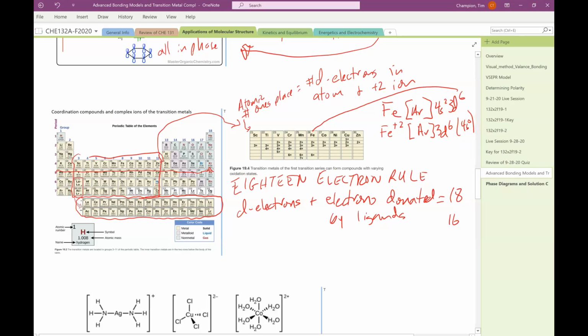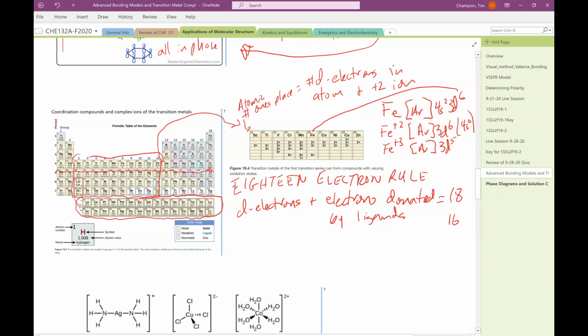So what we have here with iron plus 2 is argon 3d6, and the 4s orbital, which is now higher in energy, has 0 electrons in it. If I want to think about iron plus 3, that's argon 3d5, because I just have to get rid of 1 more electron. So iron plus 3 is the same electronic structure, for example, as manganese plus 2.